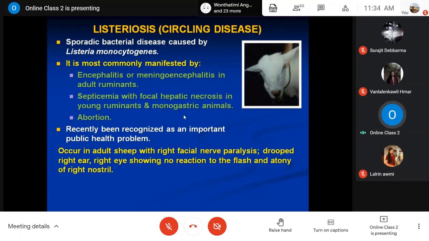The affected animals show abortion, as the gravid uterus is also affected. Recently it has been recognized as an important public health problem.